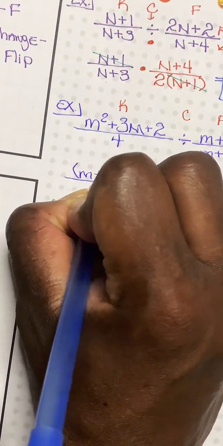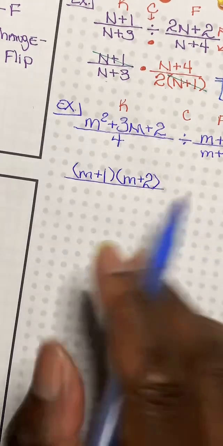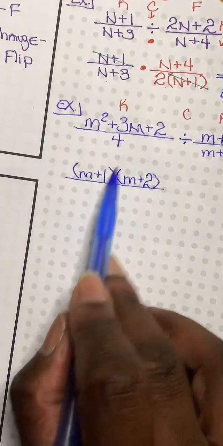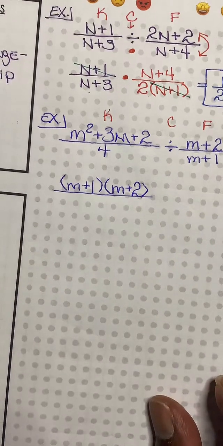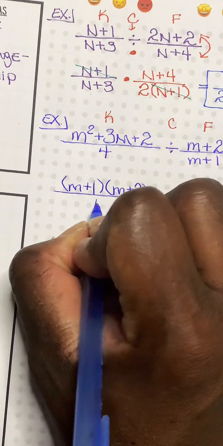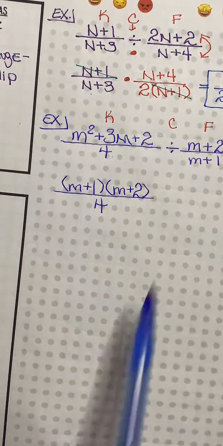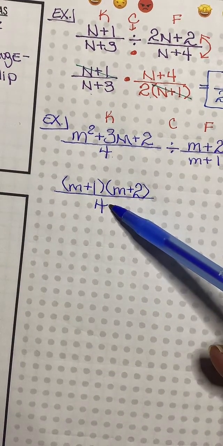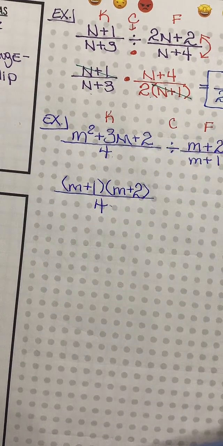And both of them are going to be positive because positive 2 plus positive 1 gives me a positive 3. And the 4, that's the denominator, comes on down. So yes, you can have a single digit in the denominator when it comes to dividing rational expressions.